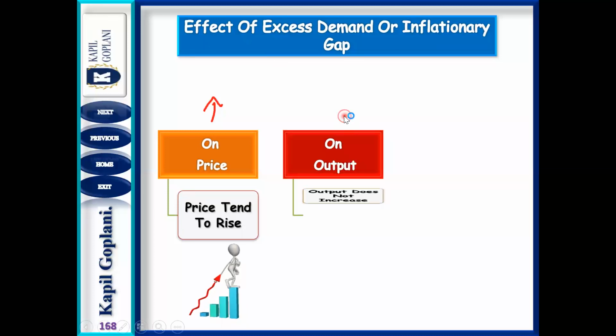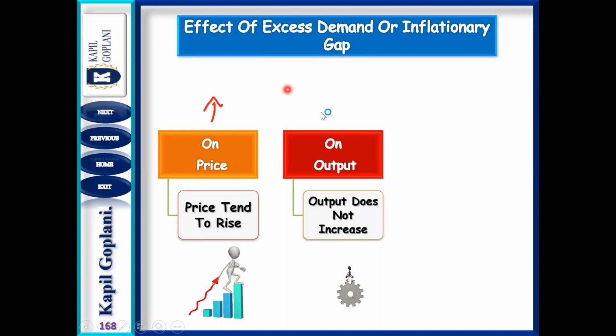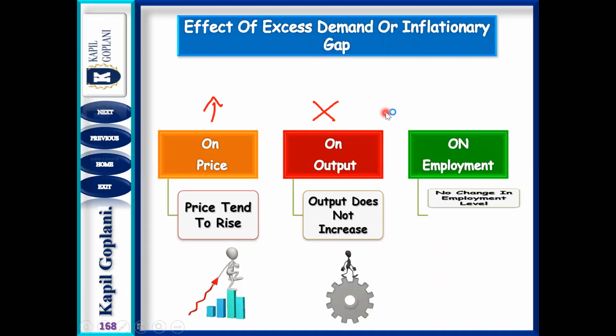Second, what is the impact on output? Output will not change. One thing, remember, economy has already achieved its full employment equilibrium. So there will be no change in the output. Output does not increase. What is the effect on employment?